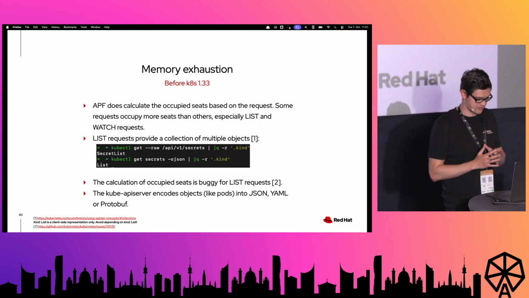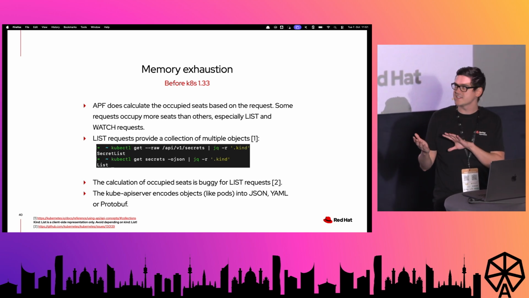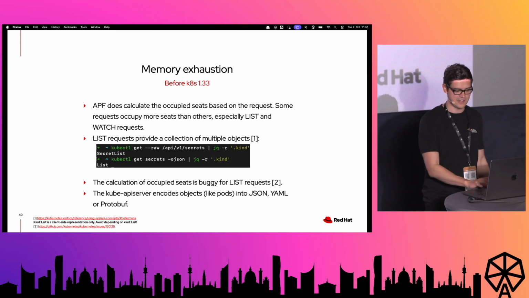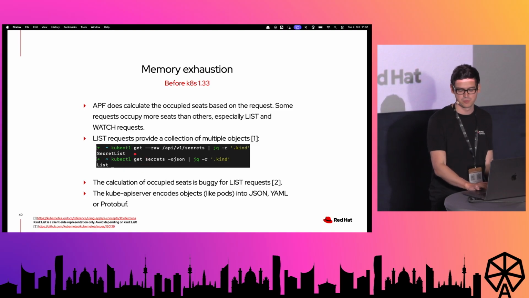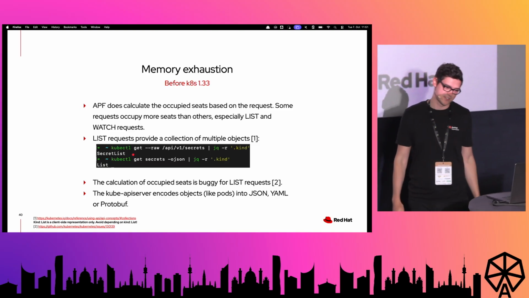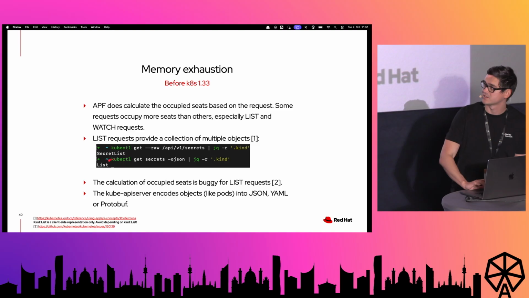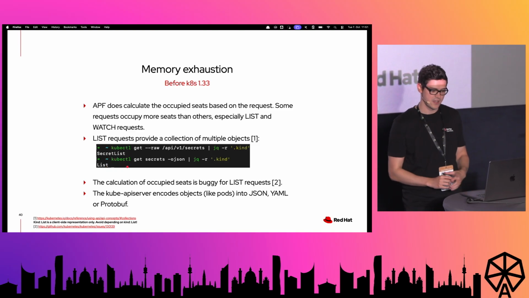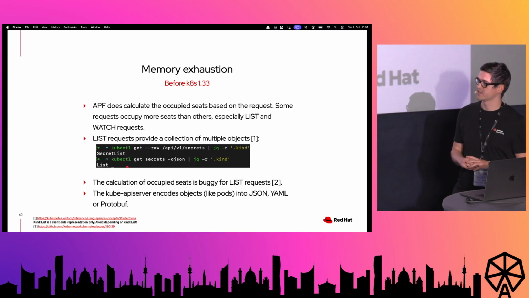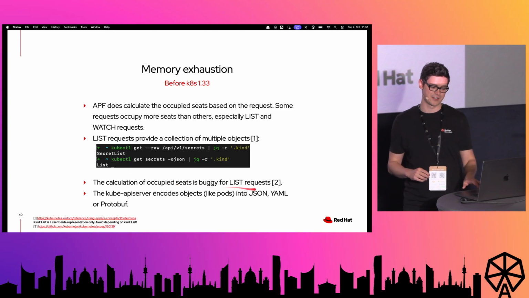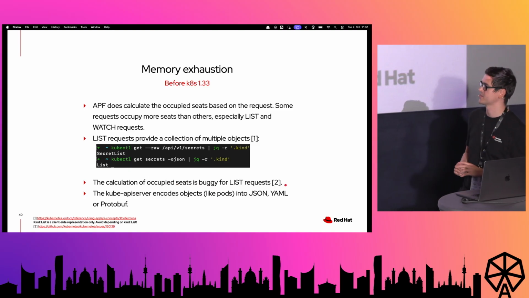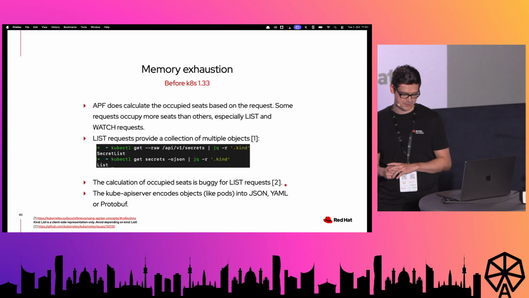Please note that kind List exists only on the clients, but not on the kube-apiserver. So if you do the coding, please do not rely on kind List for anything. That's not advised. And there is also some discussion ongoing about the consumed seats, whether this calculation is buggy or not.